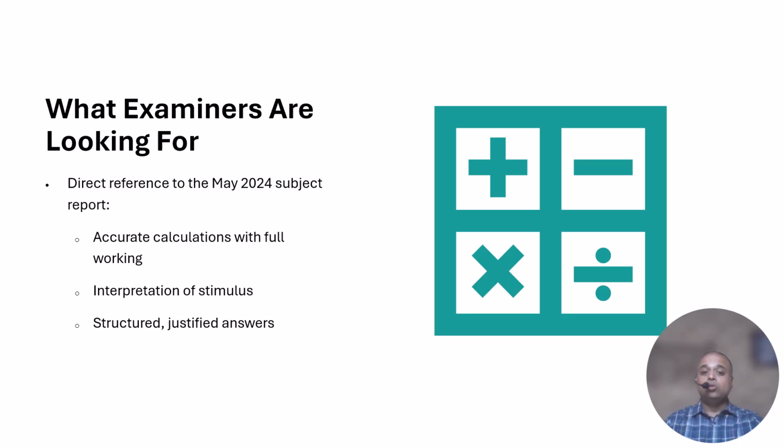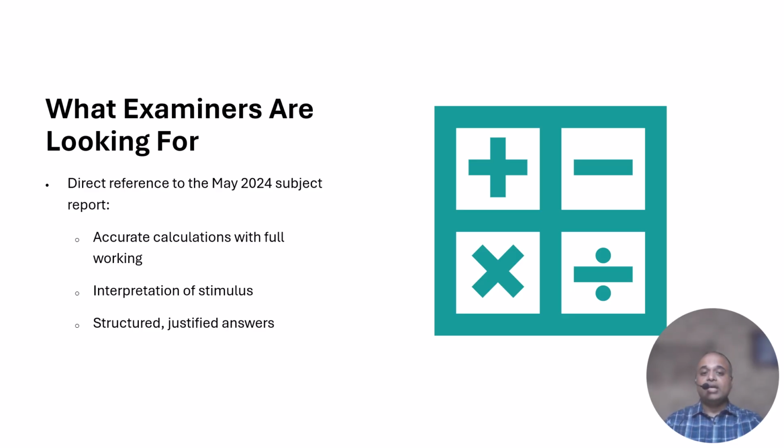Examiners are also rewarding students who take time to refer to specific figures and names from the case. If the business in the case study sells luxury socks, say that. Don't just call it the company. That context shows depth. So, to sum up, think like a business decision maker.